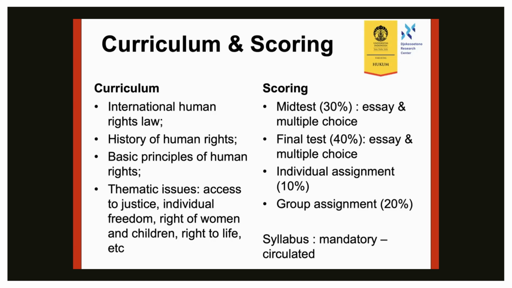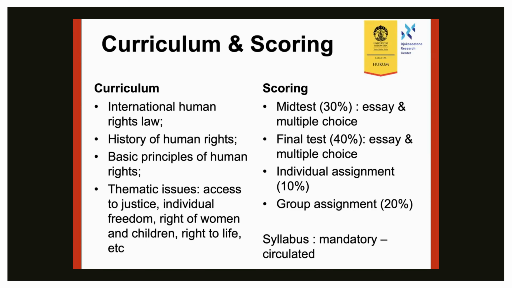And considering that we have to give scores for 700, and one time 900 students, we try all the possibilities using electronic programs. For example, we have Google Classroom, we have EMAS, the University of Indonesia's online platform. So we try our best to meet all the requirements.